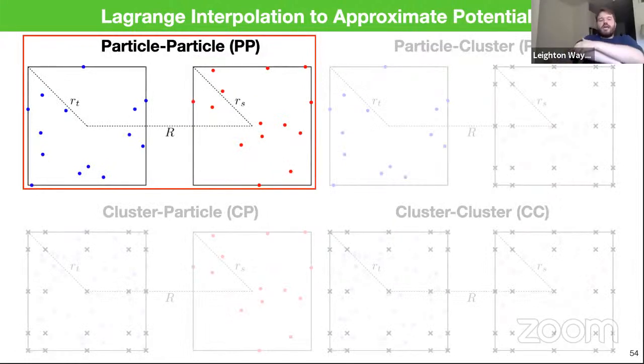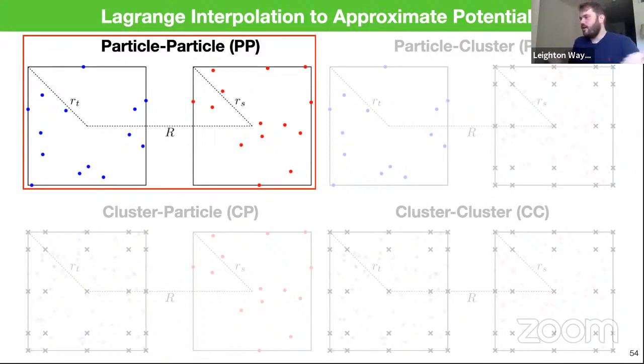So I wanted to elide some of the details of our dual tree traversal, but importantly, you can make some smart decisions with your algorithm where, adaptively, depending on where you are in the tree and how many particles you have in a cluster, you really have 4 choices of interaction between a target cluster and a source cluster.